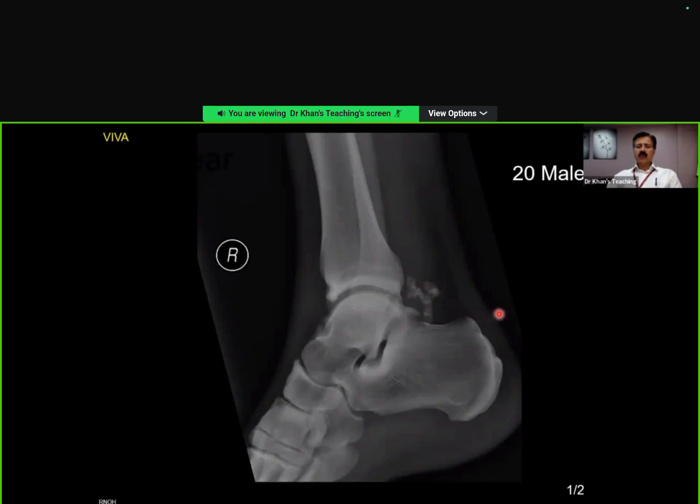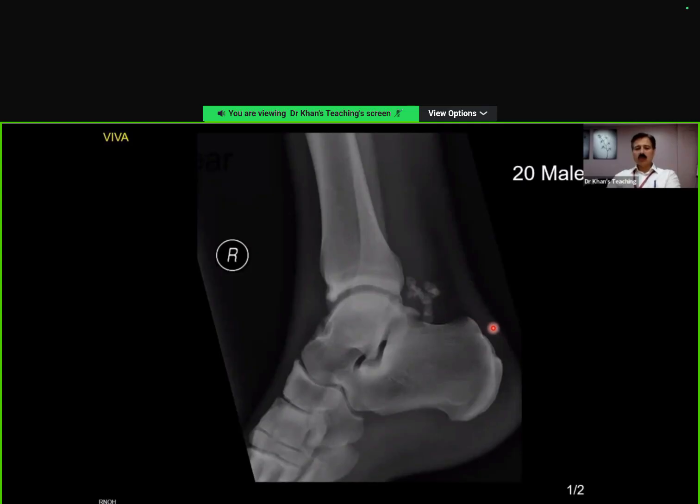Now, what is happening here is synovial chondromatosis. What happens in synovial chondromatosis is that there is metaplasia of the synovium. So there is cartilage in the synovium, and then it gets calcified and it can divide into hundreds of pieces, and it can then go into the joint space.